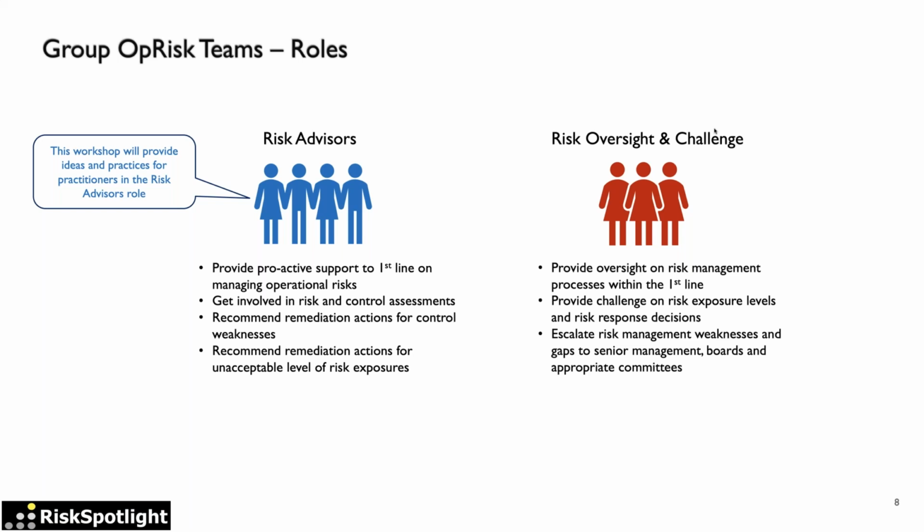The risk advisor is not doing that, because the risk advisor is more helping the first line. They are making sure that the first line is doing the right things, so that when the risk oversight and challenge people start looking at the risks, they don't find lots of gaps and issues.